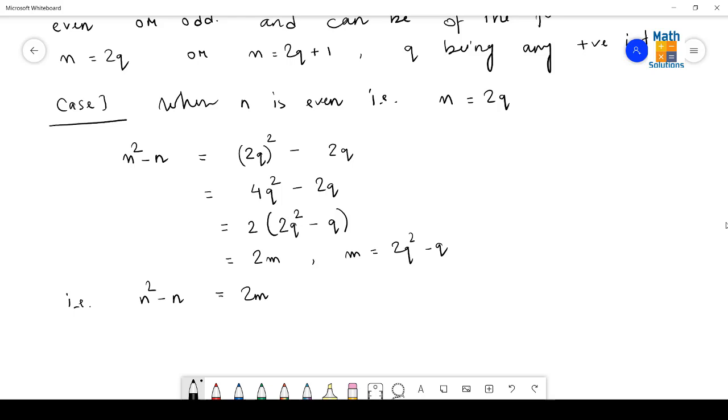I mean we are in a state in which we can express n square minus n as a multiple of 2. It means what? This is an even quantity. So case 1 is already solved. That was what we had to prove.